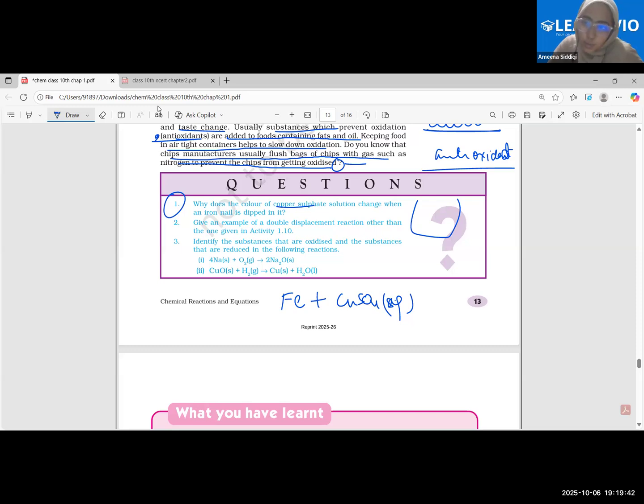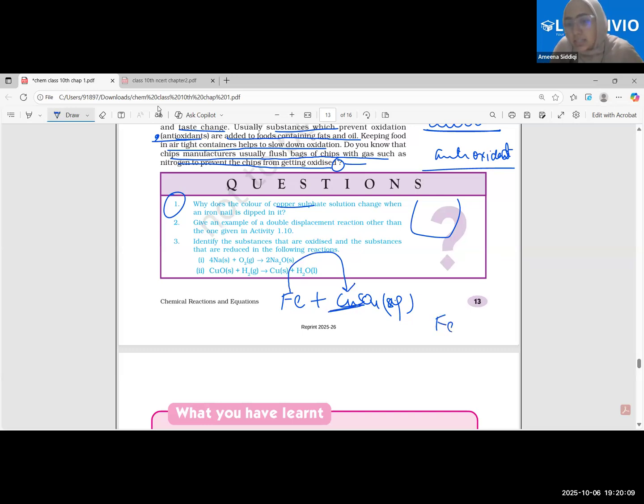I told you, if one reactant is present in the elemental form or the metallic form, and the other reactant is present in the salt solution form, copper sulfate is a salt. Displacement reaction. Yes, displacement. The element, if it is more reactive than the element present in the salt solution, will displace the element from its own salt solution.